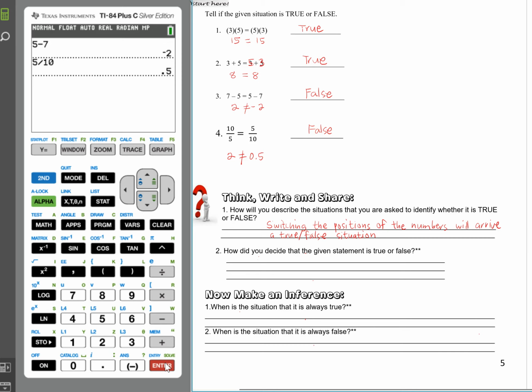By finding the numerical value and checking whether they are equivalent.